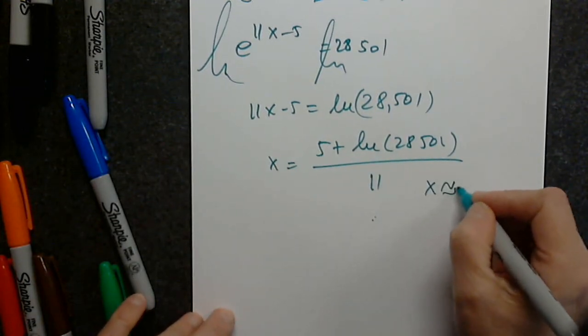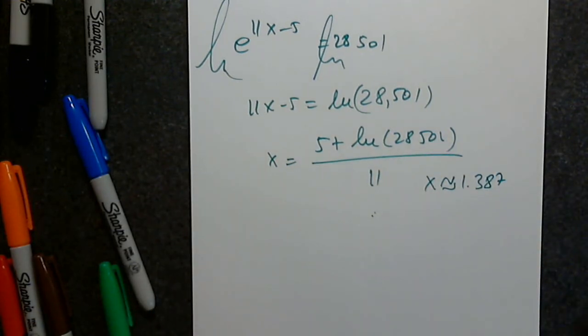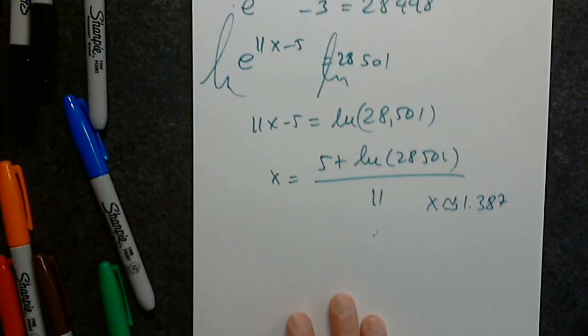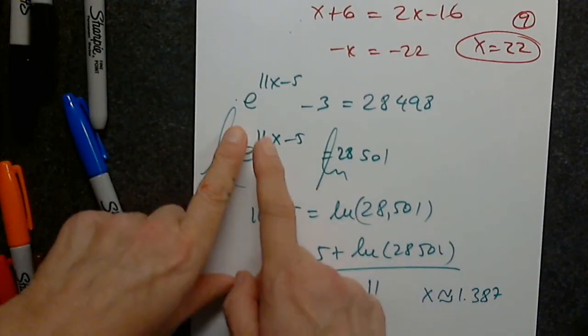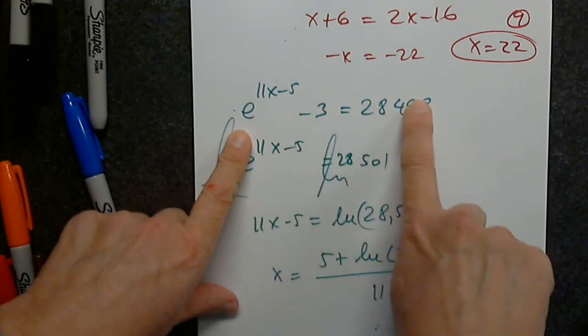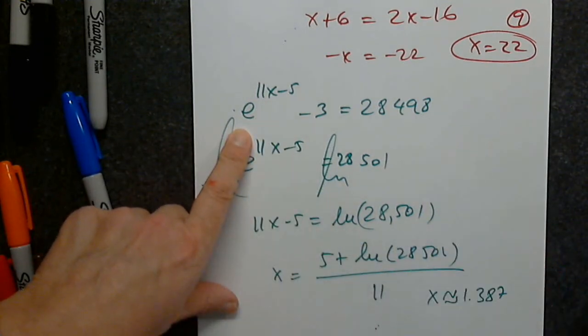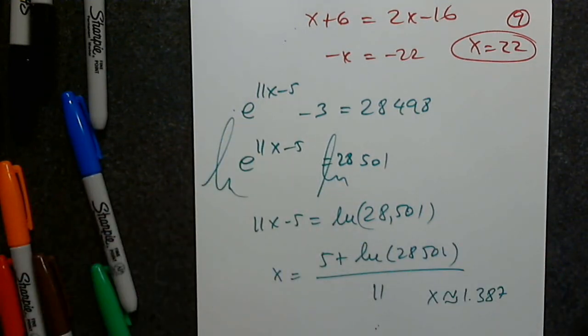So x is 1.387. Now I want to check my answer. And here's how I check my answer. I check the answer in e to blah, blah, blah, minus 3 minus this. Because I want just one line in the calculator. Ready? Do not delete what you have.